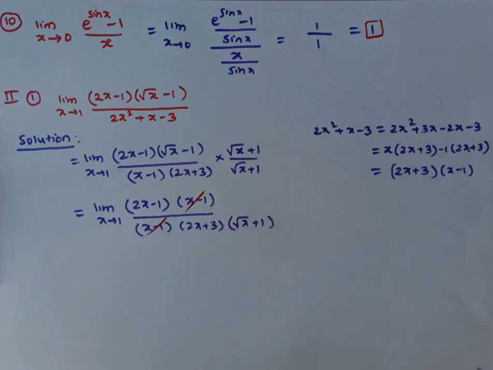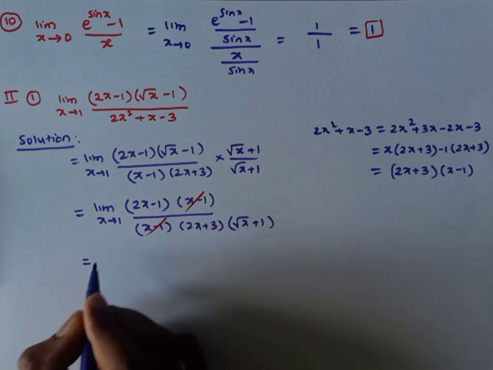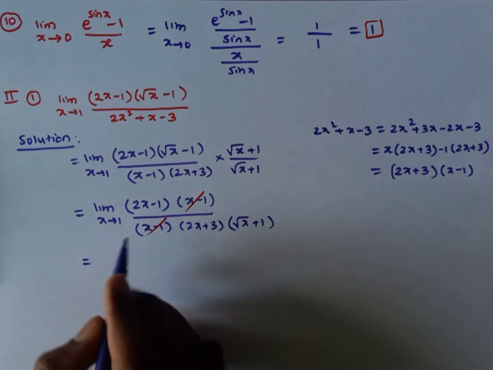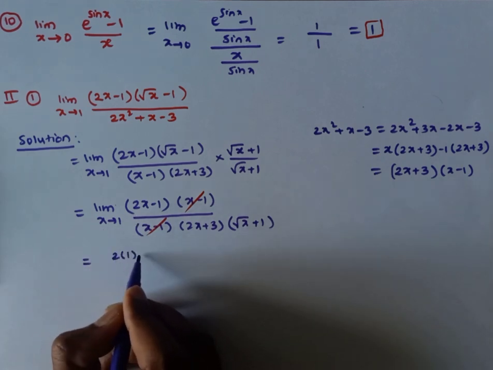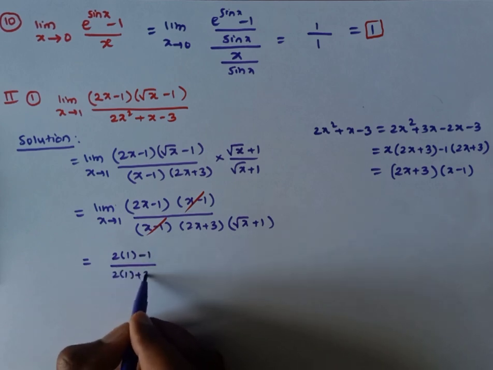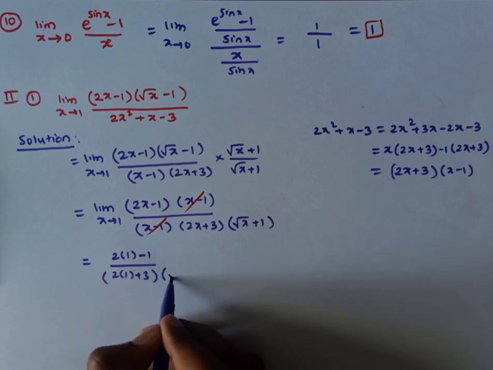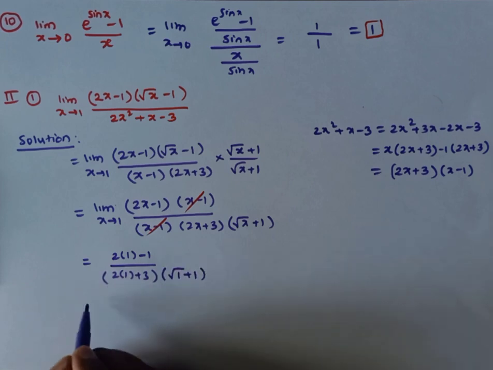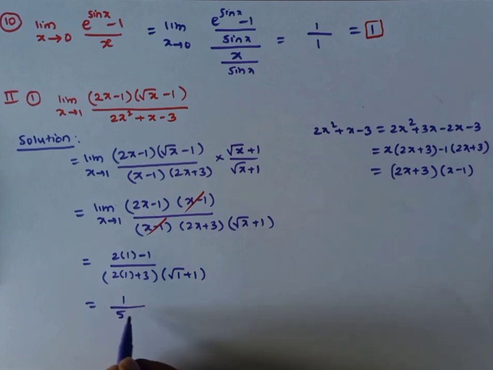Cancel the common factor and apply the limit x tends to 1. This is (2 into 1 minus 1) by (2 into 1 plus 3) into (root of 1 plus 1). So 2 minus 1 is 1, divided by 5 into 2, so it is 1 by 10. So the limit for this problem is 1 by 10.